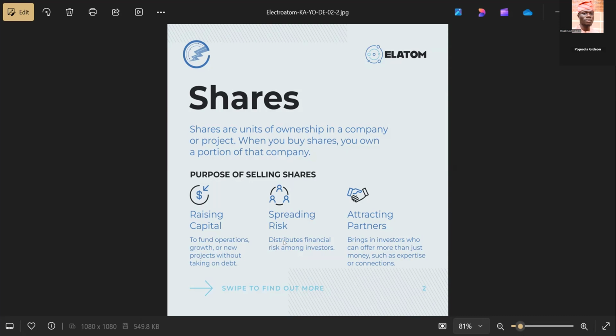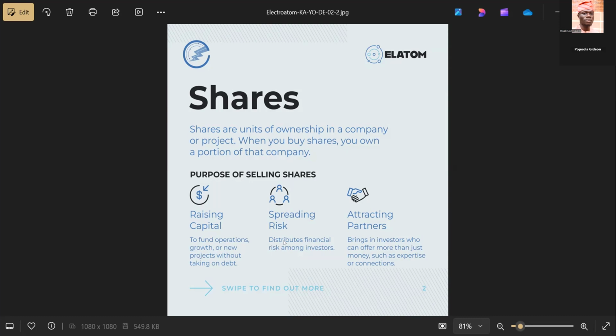And the third aspect of selling shares is to attract partners. We implement share buying and share selling in our company in order to attract investors who can offer more than just money. We need investors that can offer expertise or connection. So we need everything like that.